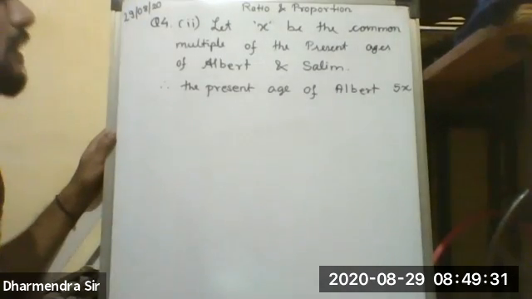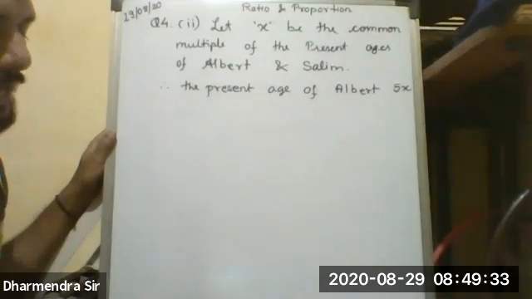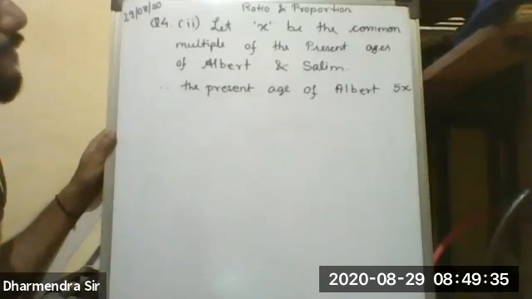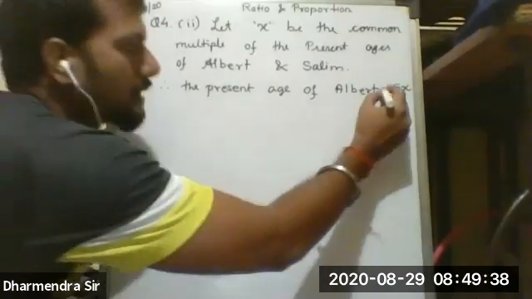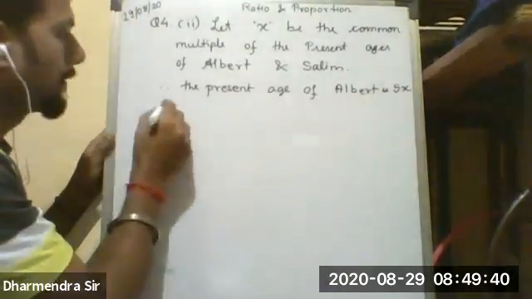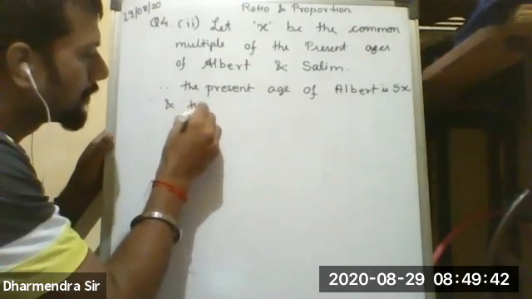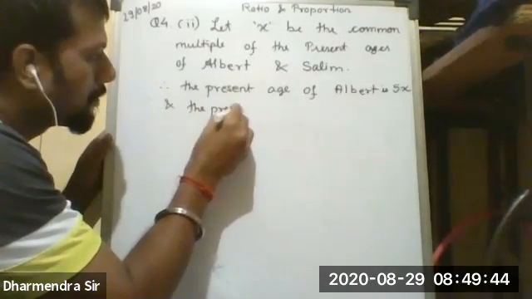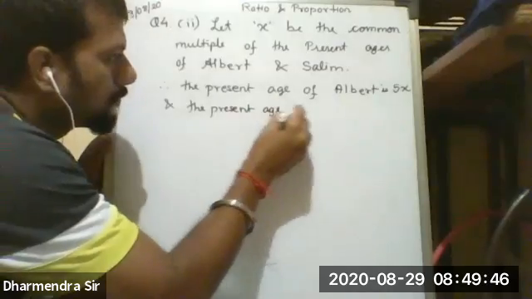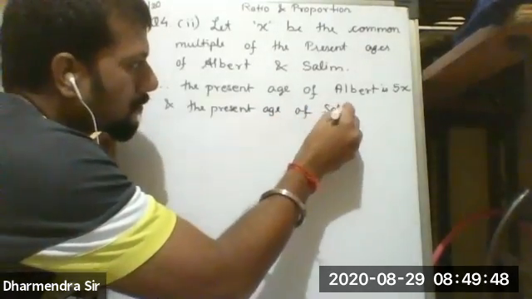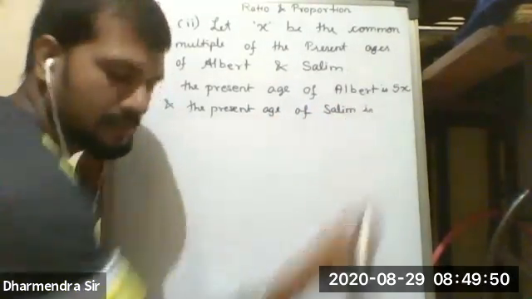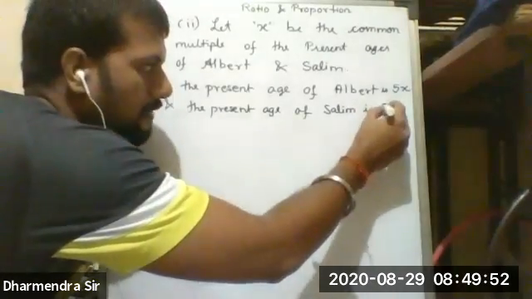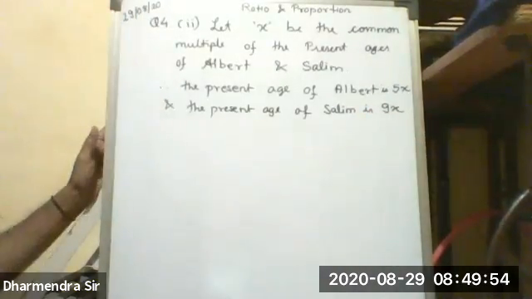So first name corresponds to first value. The value of Albert is 5x, and the present age of Salim, the second ratio being 9, will be 9x.